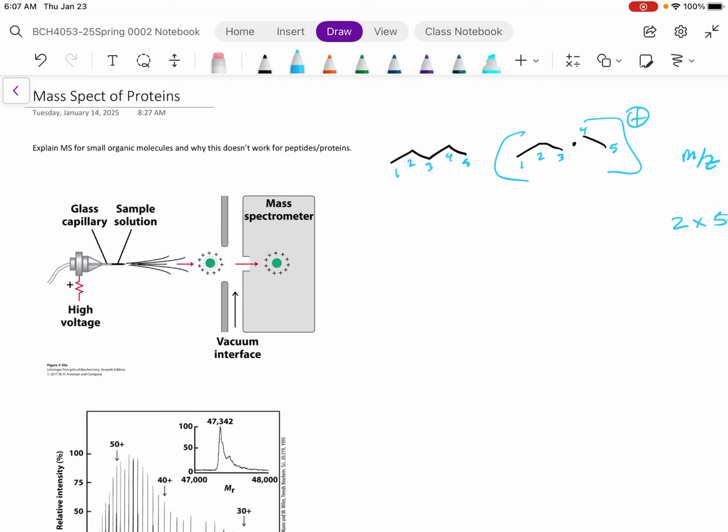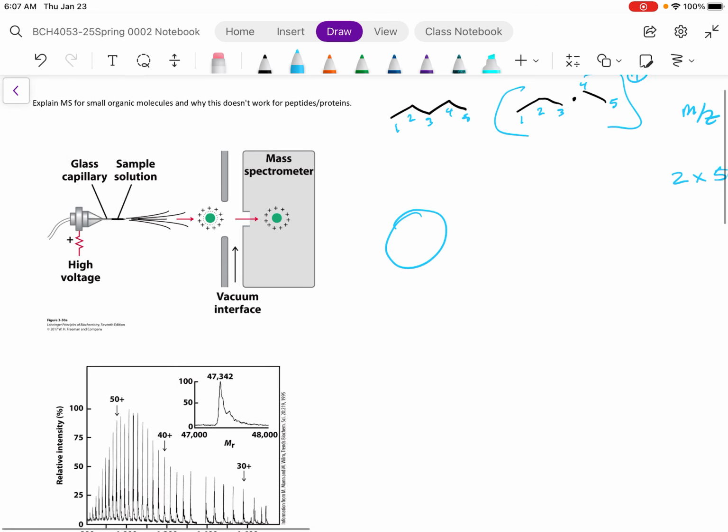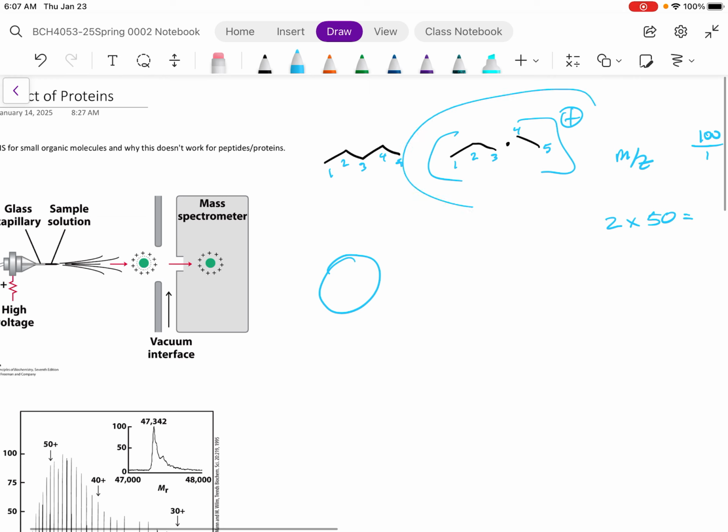So with a protein, okay, represented by that little circle there, we're not going to spray it with an electron gun and knock off an electron to make it positively charged. Because even with mass spec with proteins, it has to be positively charged. Small molecules, we take off the electron to get the positive charge.